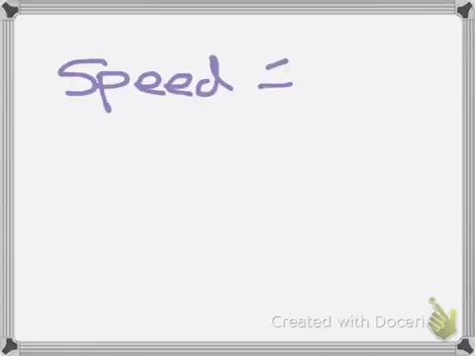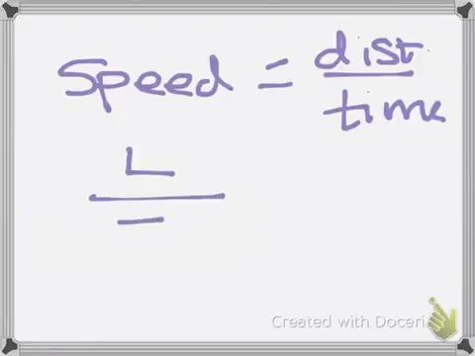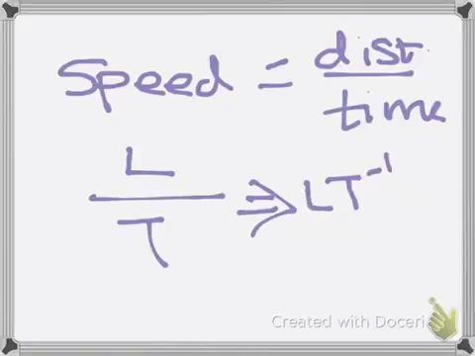So basically, let us say there's this dimensional equation for speed. Speed is equal to distance upon time. We know it is. So basically, distance is length and time is T. So what does it equate to? L T raised to the power minus 1.